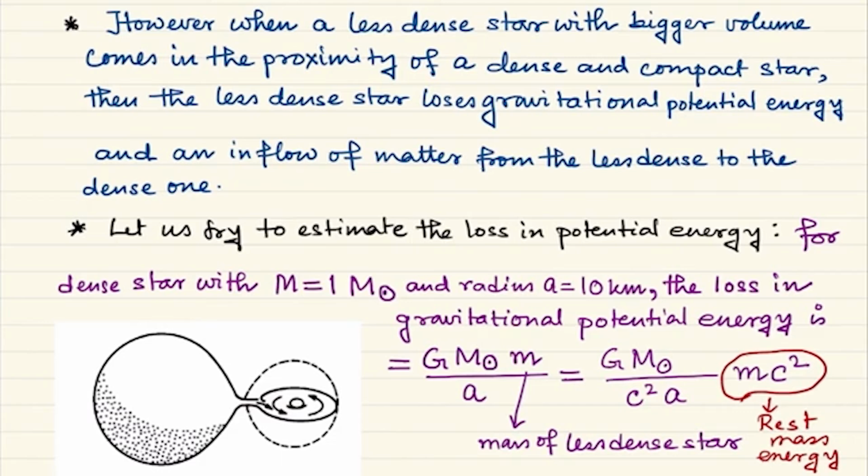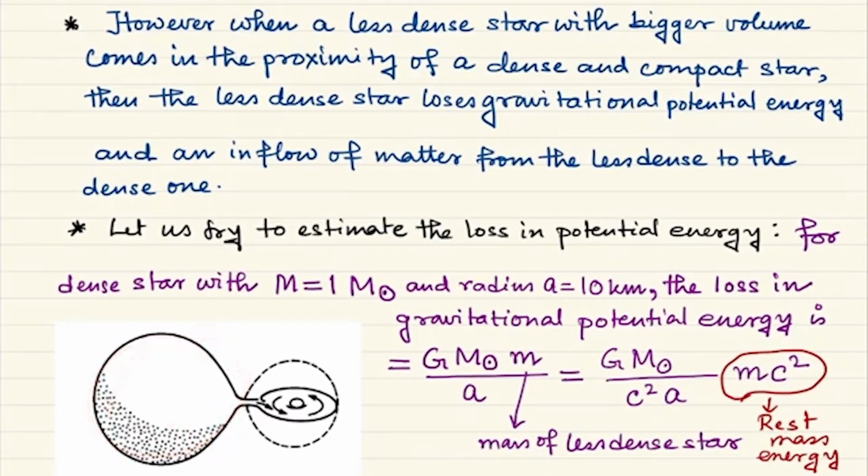And just by multiplying by c square, where c is the speed of light in vacuum, you can write this factor as GM over c square R, this ratio, times mc square. And mc square is nothing but roughly the rest mass energy of this star which is losing mass, okay.